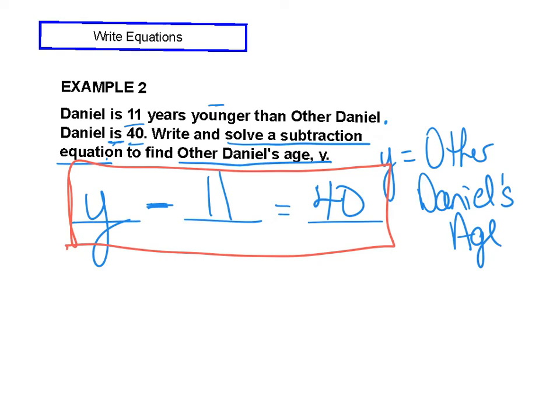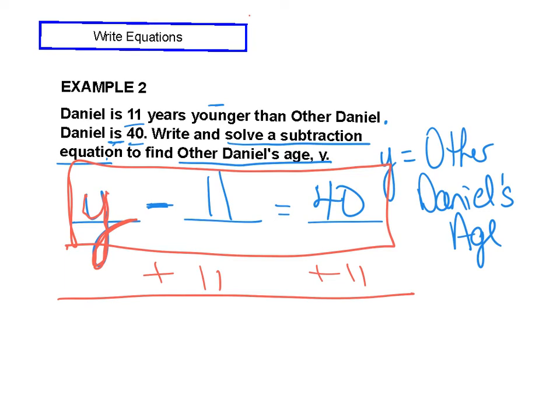Technically we are, but on our guided notes, we have to solve. So let's solve this. We know how to solve subtraction equations. We have to do the inverse. So I am going to add 11 to both sides. How do I know what number to add or subtract to both sides of the equation? Well, the goal is to isolate your variable, to get y, x, z, d, whatever letter, alone.